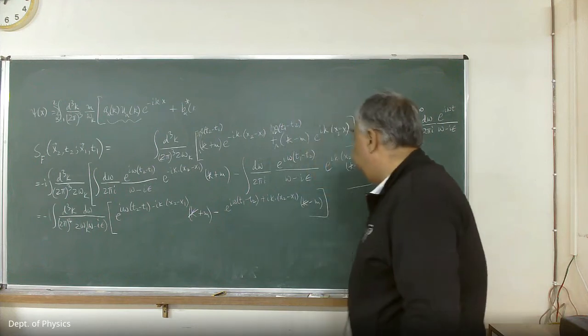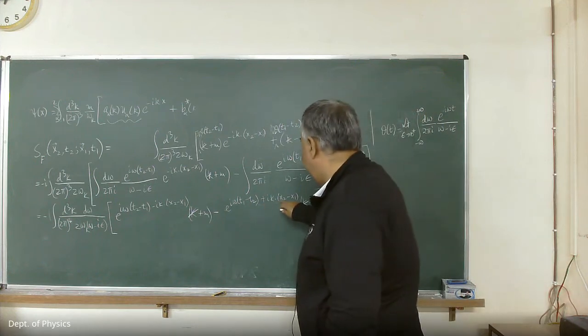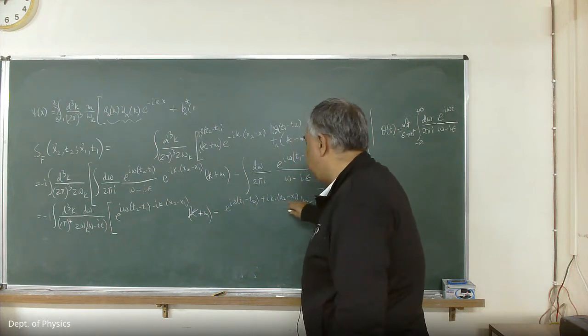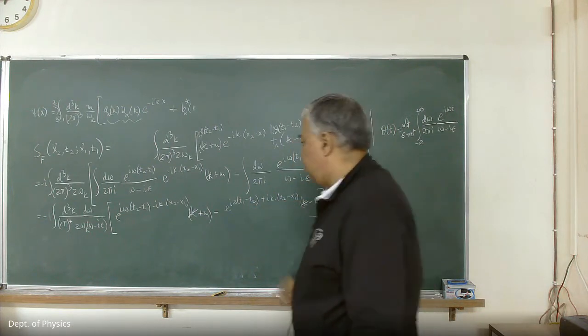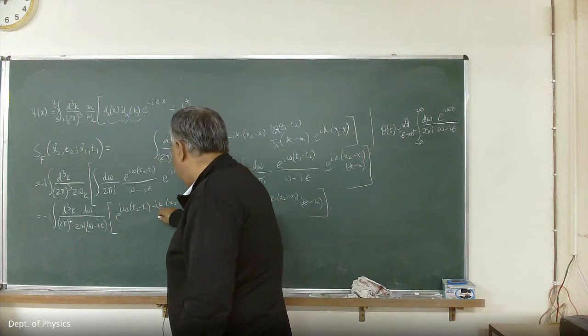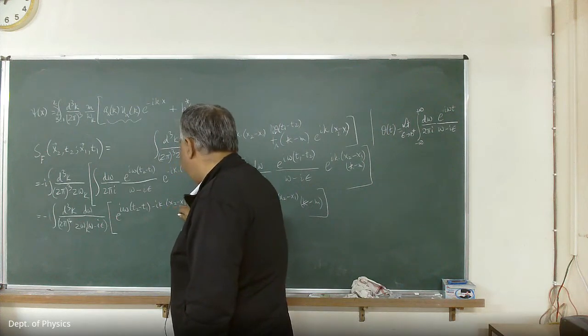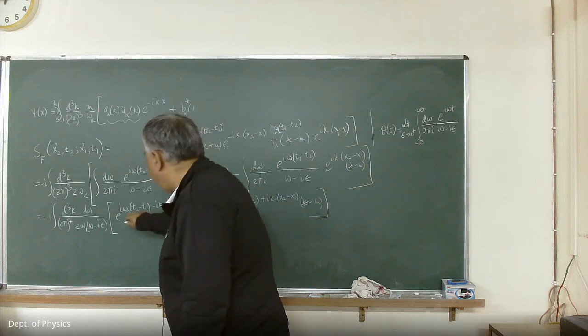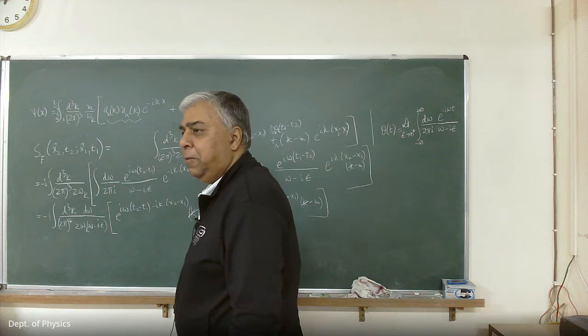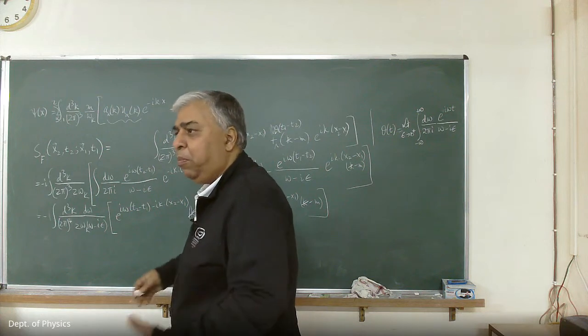Now you see, in the exponent here also you'll get t1 minus t2 or t2 minus t1 with the respective signs. Here also you'll get i omega k t2 minus t1. So this omega k will combine with this omega here with appropriate sign.